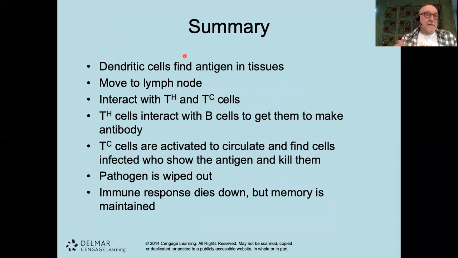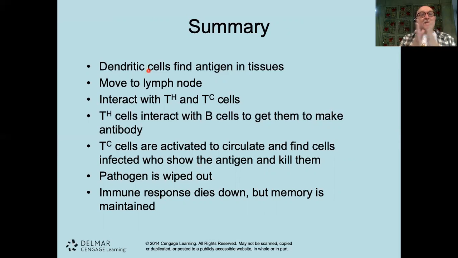All right. So here's a summary for you. This is the simple version of a very complicated story, by the way. So we just say dendritic cells wandering around the periphery of the tissues. They find a new antigen of some sort, maybe a virus. Once they realize it's there, the dendritic cells move to the lymph nodes.